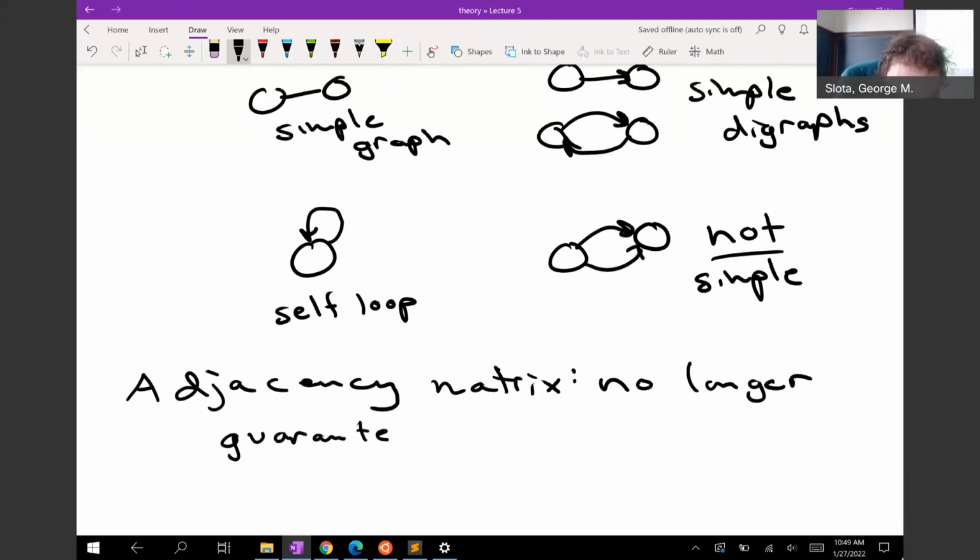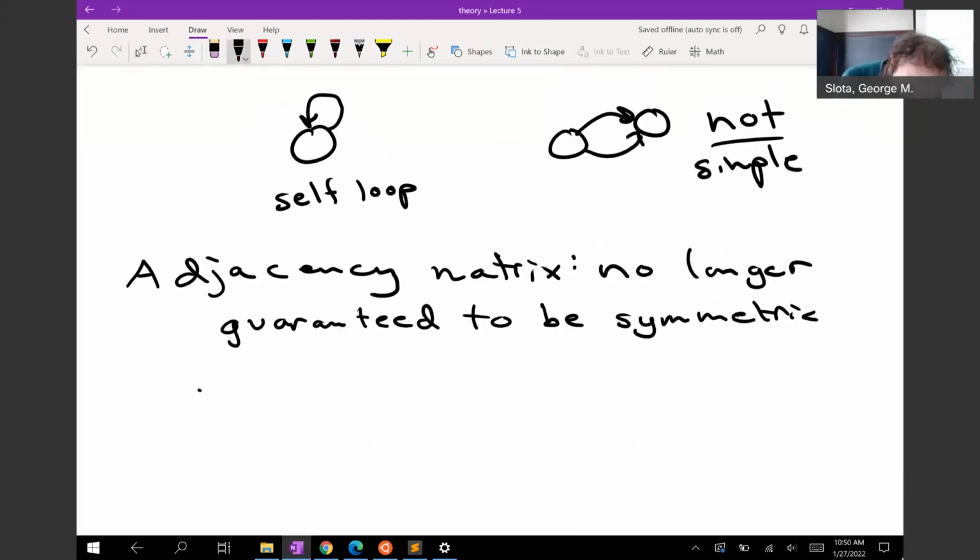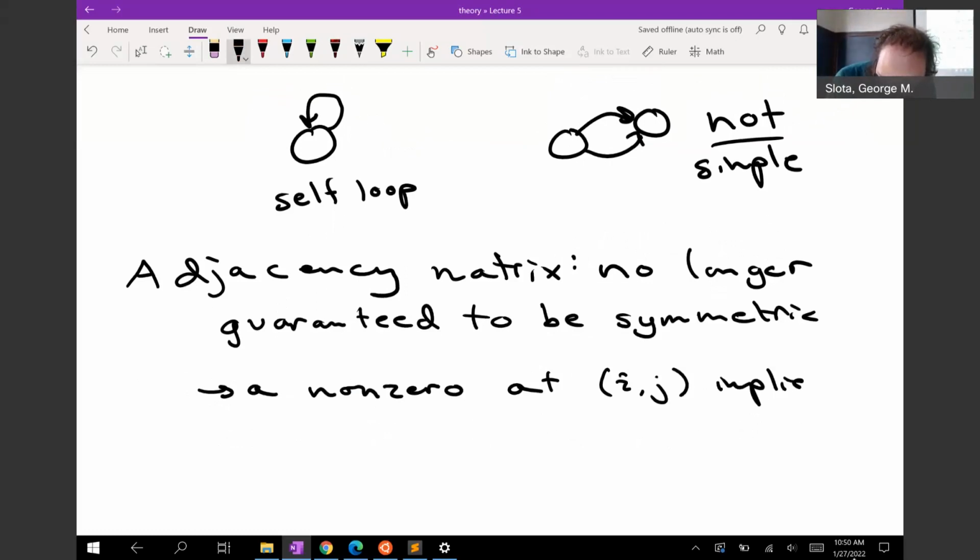Could be, but it's no longer guaranteed. And a non-zero at ij implies an edge from i to j.